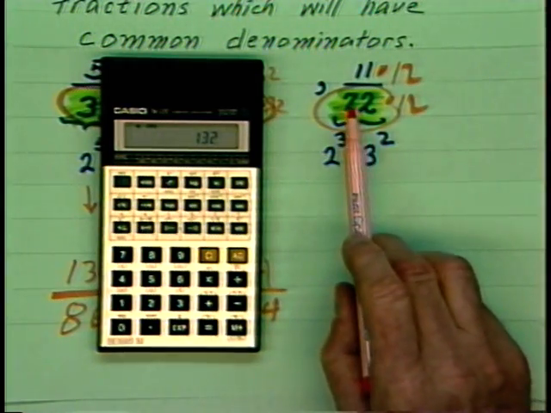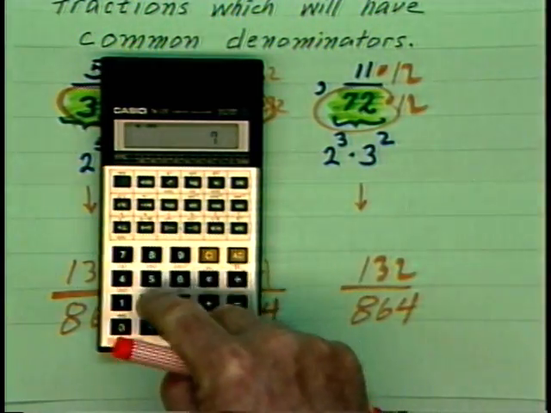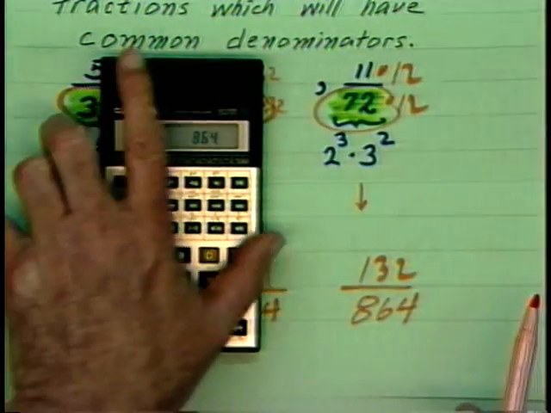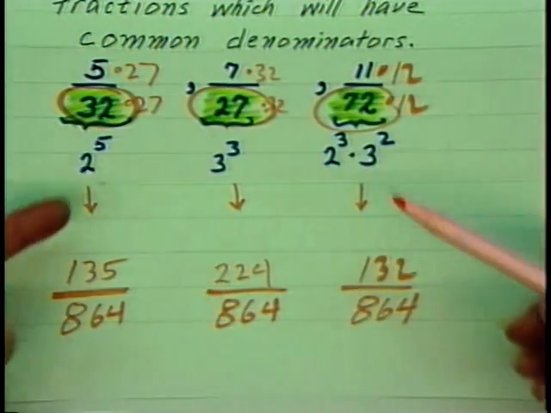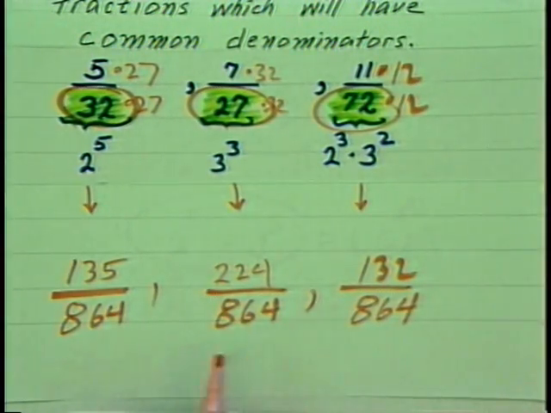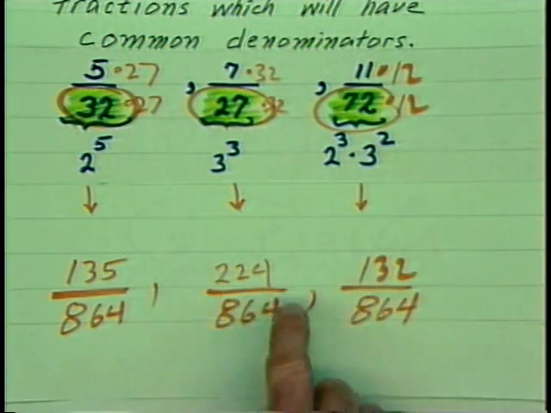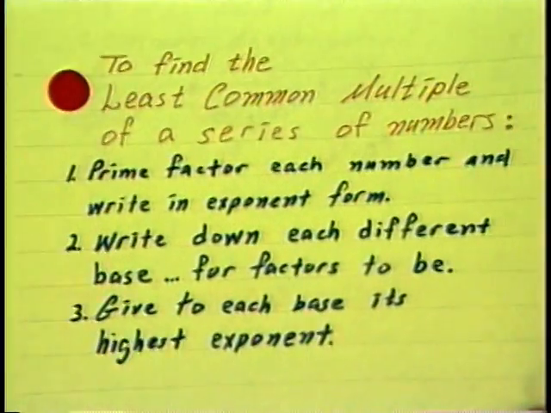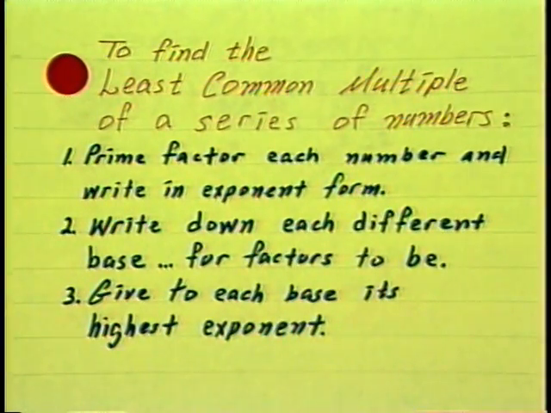And of course, as a check, 72 times 12 does indeed give me the denominator. So now these 3 fractions have been built into 3 equivalent fractions, which now have common denominators. We'll be coming back to this many, many times, but at this point, it must finally be memorized.